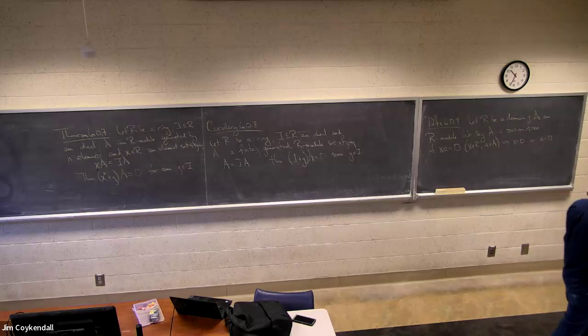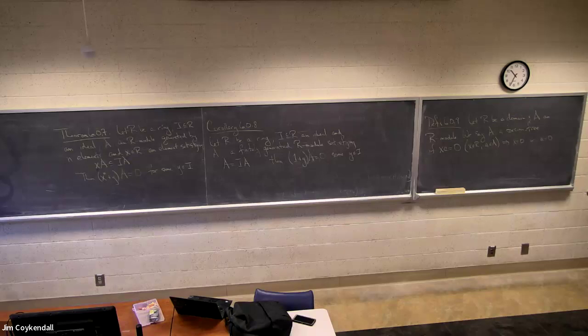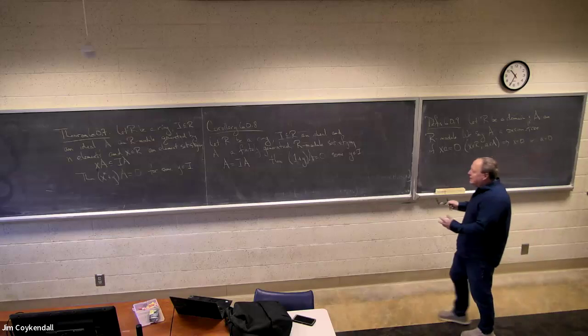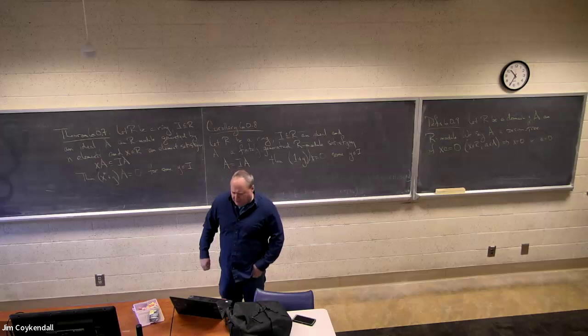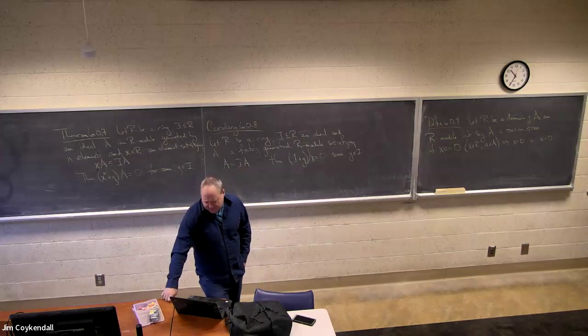So does anybody know why we might care to restrict to domains here? Probably notice that I did say domain instead of just commutative ring with identity. I'm not asking you to criticize a definition, because you can make a definition whatever you want, but why would we focus on domains for this definition?